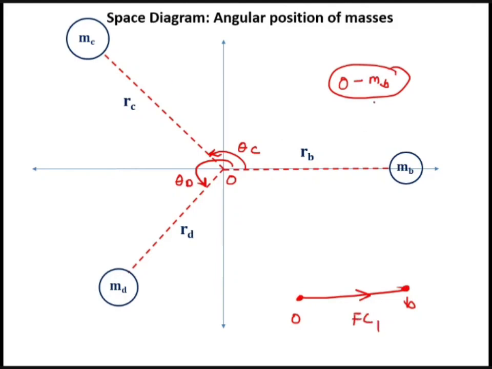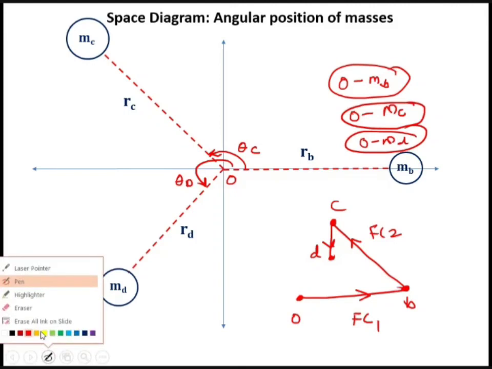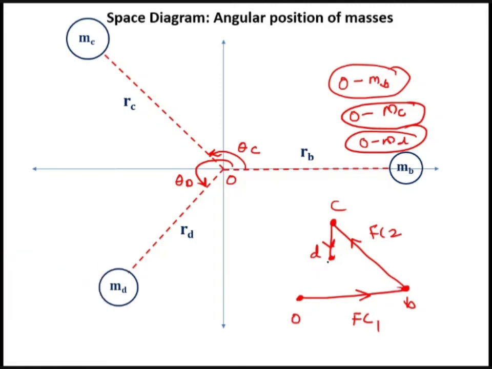Then parallel to OMC, draw this vector. Vector BC indicates FC2, and then parallel to OMD, draw vector CD. Now what is remaining? You have to close the force polygon.